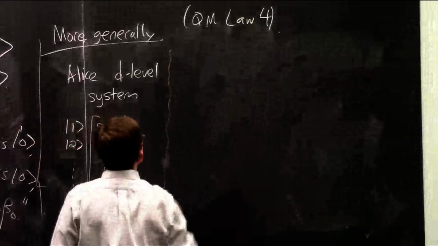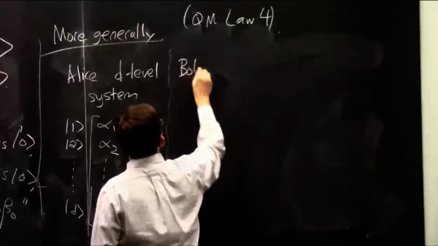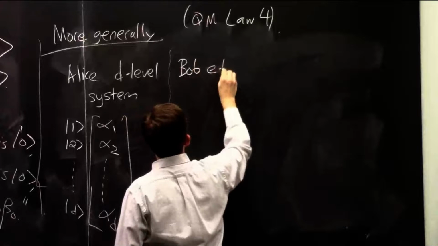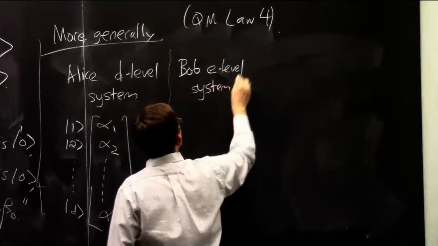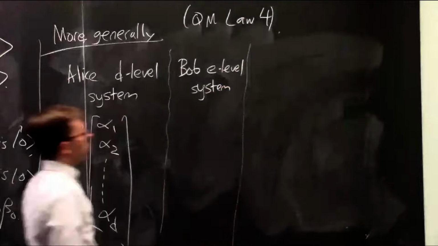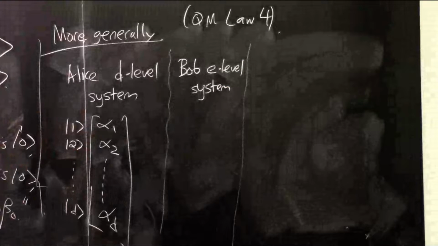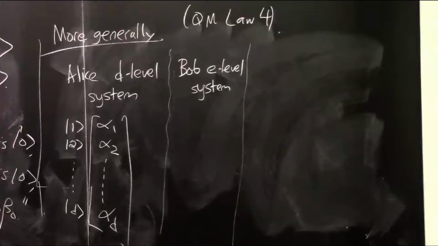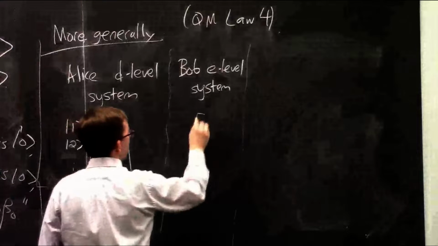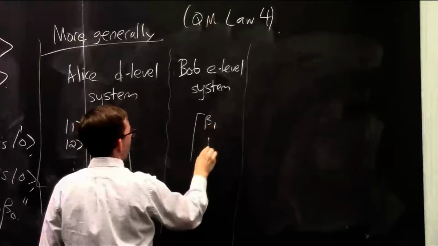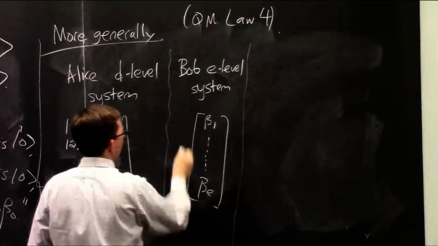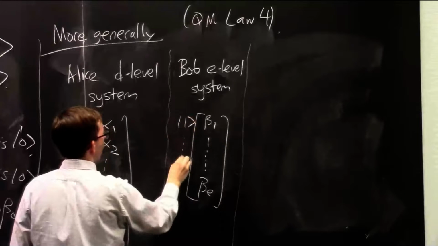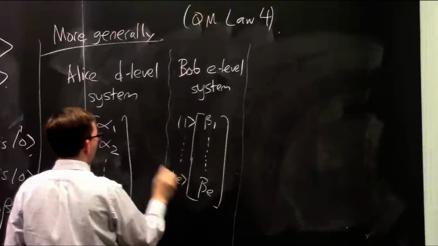And if Bob, let's say, has an E-level state, okay, Bob has a qubit with E different basic states. So they don't even have to have the same dimension. Then Bob's state will look like beta 1 up to beta E. Okay, and these are also usually called 1 through E.